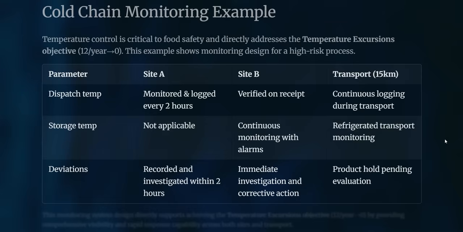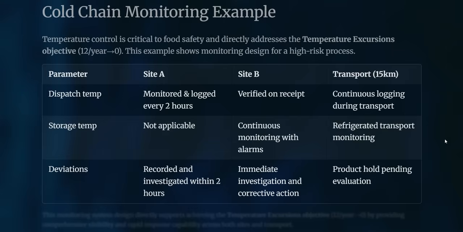Then we have the second parameter, which is storage temperature. That is not applicable in Site A, but in Site B, it requires continuous monitoring with alarms. And during the transportation of 15 kilometers, it requires refrigerated transport monitoring throughout the journey.